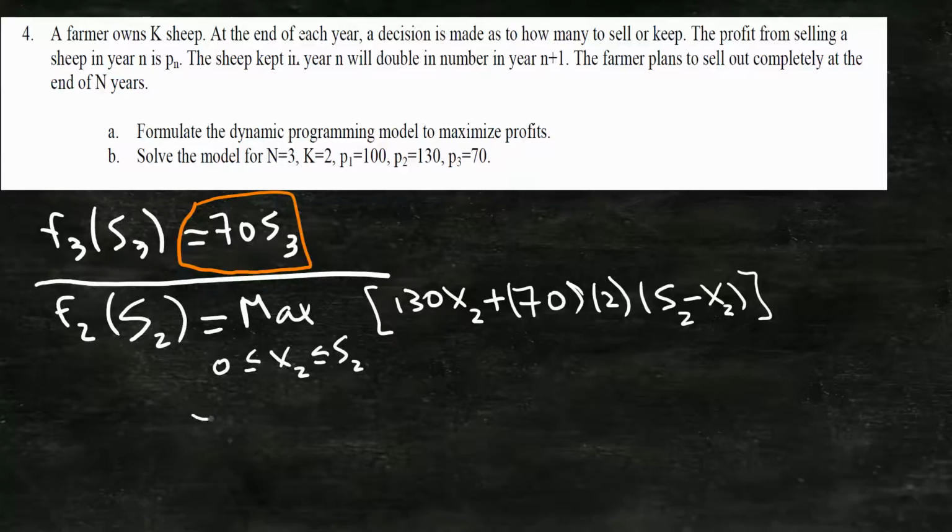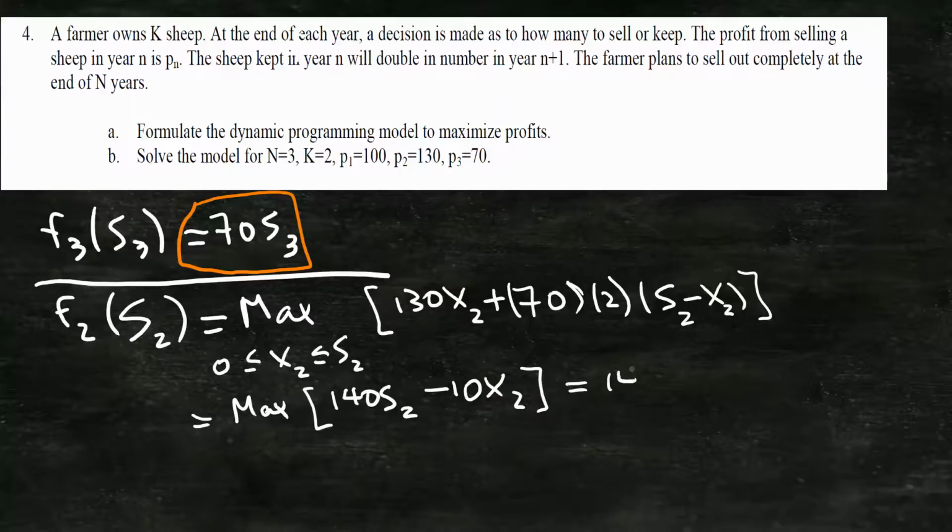Now we can look at this expression. I'm not going to keep the range, just looking at this, what we have is 140 S2, whatever S2 happens to be, plus 130 minus 140 minus 10 times x2. So we want to keep x2 at 0, which implies this will be equal to 140 S2.